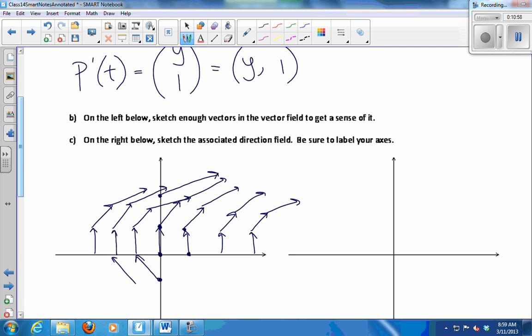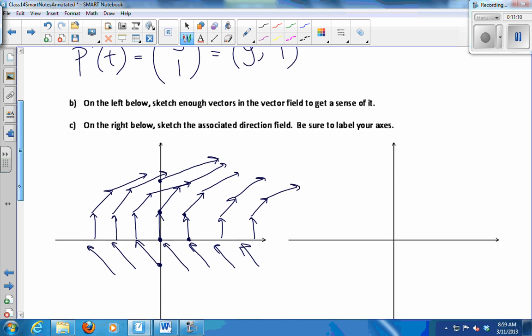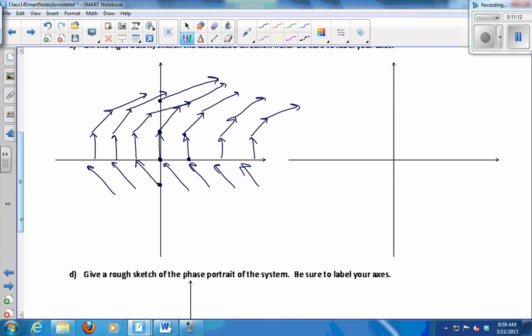And these would all do that. And at -2, I would have -2, 1 as my vector field. So I would go left 2, up 1, and I'm going to have all vectors that look like this.